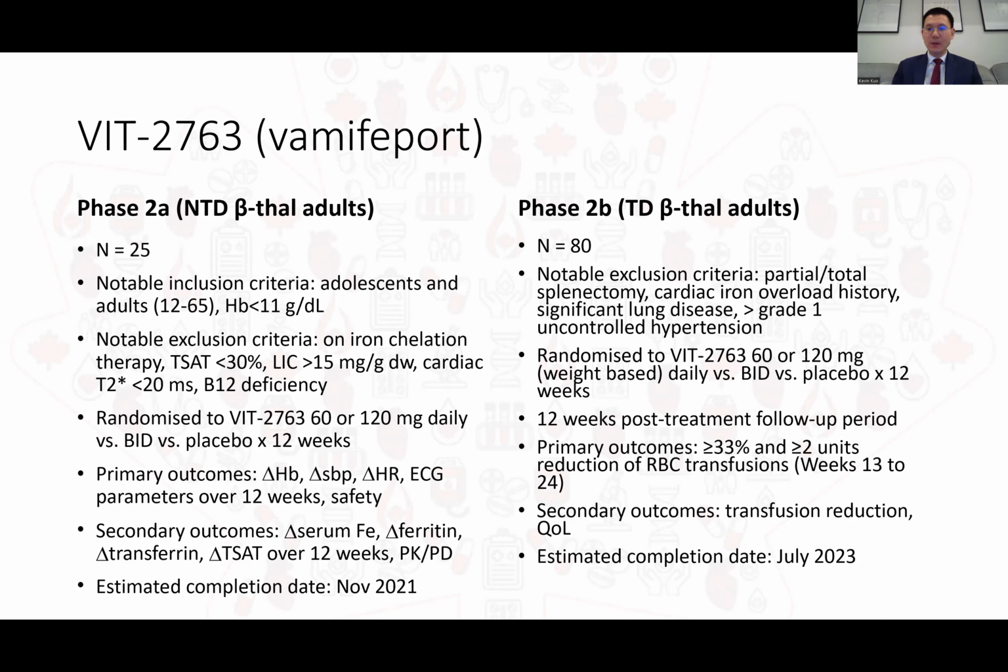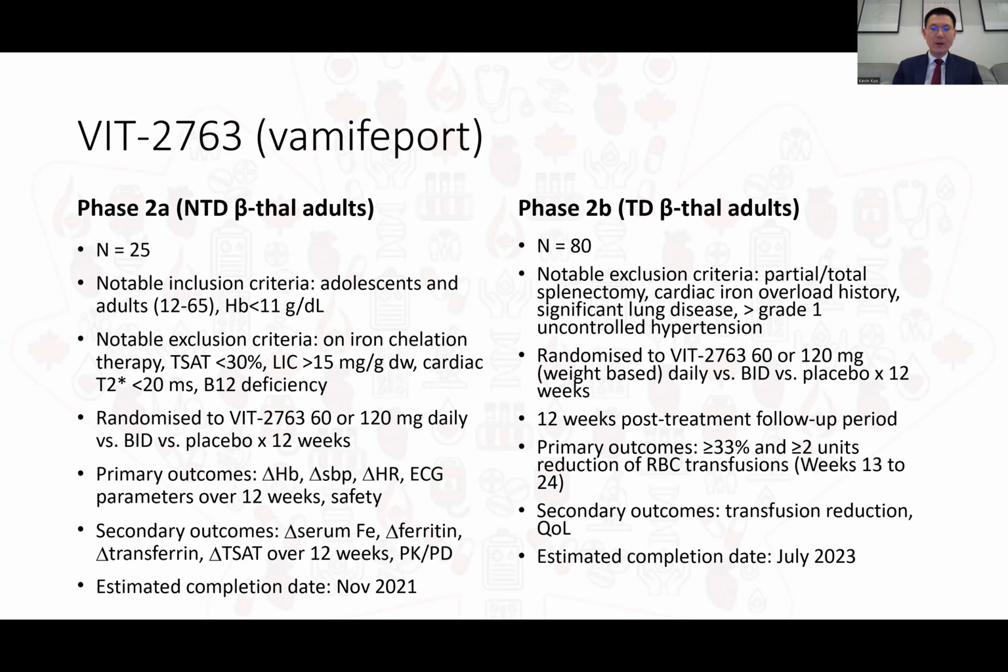For the phase 2B trial in transfusion-dependent beta thalassemia adults, the estimated recruitment is 80 patients. Notable exclusion criteria include partial or total splenectomy, cardiac iron overload history, significant lung disease, and greater than grade 1 uncontrolled hypertension. Patients are again randomized to the same regimen as the non-transfusion dependent study, but it also includes a 12 weeks post-treatment follow-up period.